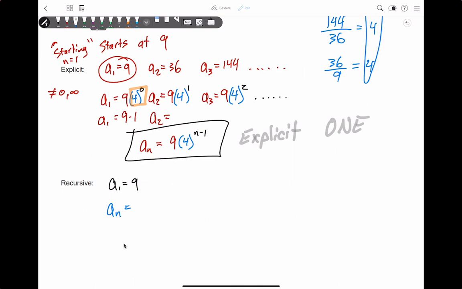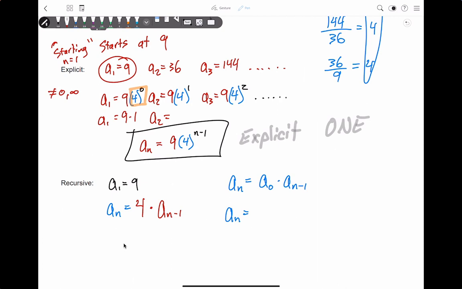Our equation is the now term is equal to the original term, multiplied with the previous term. For this particular one, it will start at 4 and multiply with the previous term, which is a sub n minus 1.